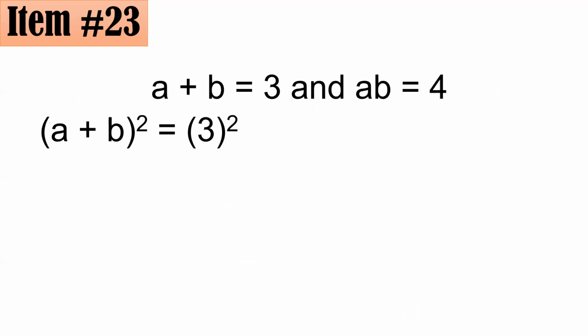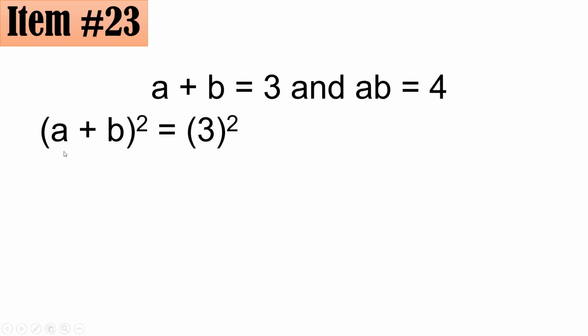So we are given these two equations. The technique here po is that we will square both sides of the first equation. Remember, whatever operation done on the left side should also be done on the right side. So we chose to square both sides of the equation. And ano nga po yung square ng A plus B?